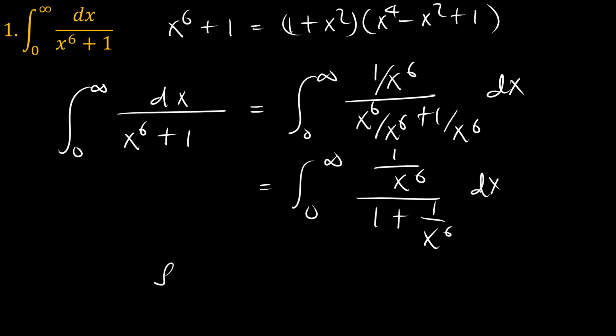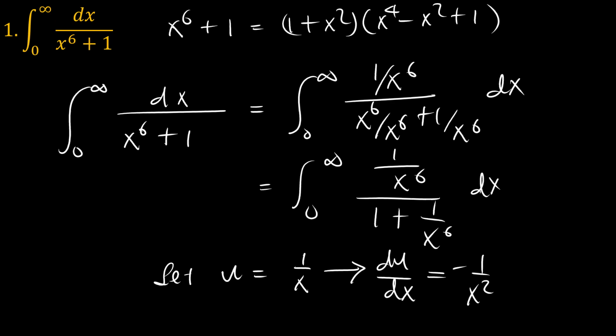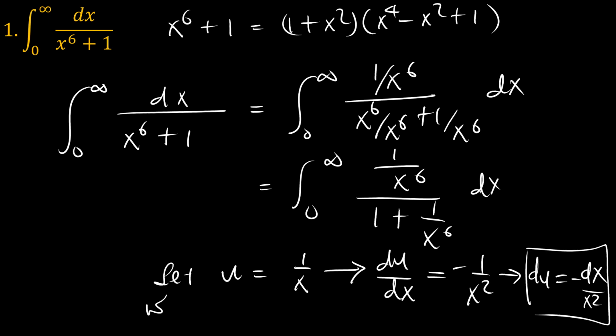And we can say let u be equal to 1 over x, such that du dx equals negative 1 over x squared, and so du would be equal to negative dx over x squared. Okay, and then when x equals 0, u would tend to infinity. When x tends to infinity, u would tend to 0.